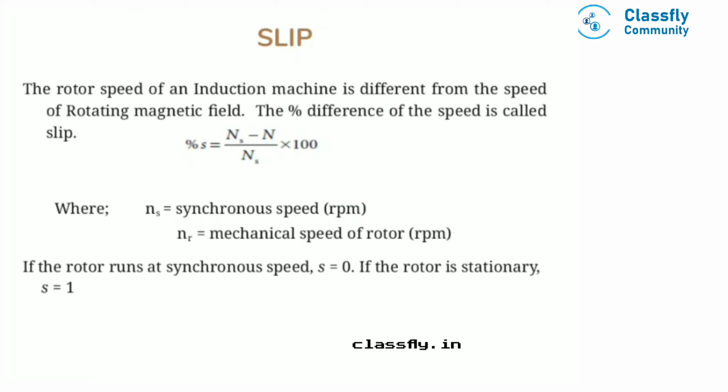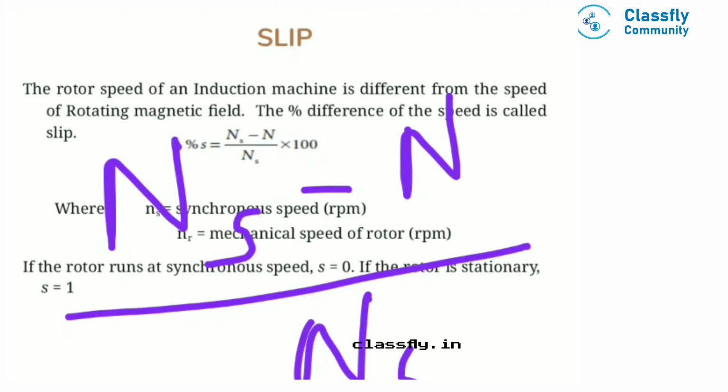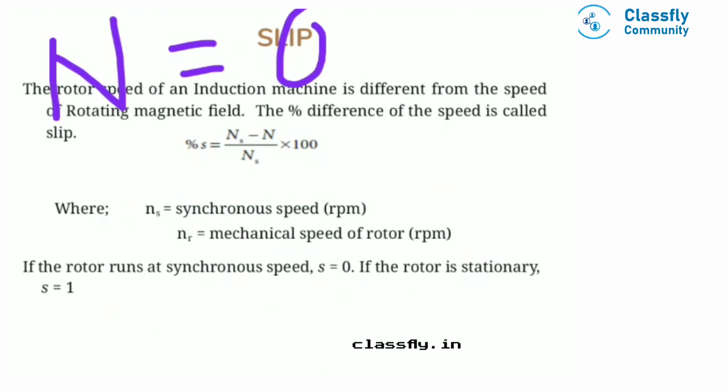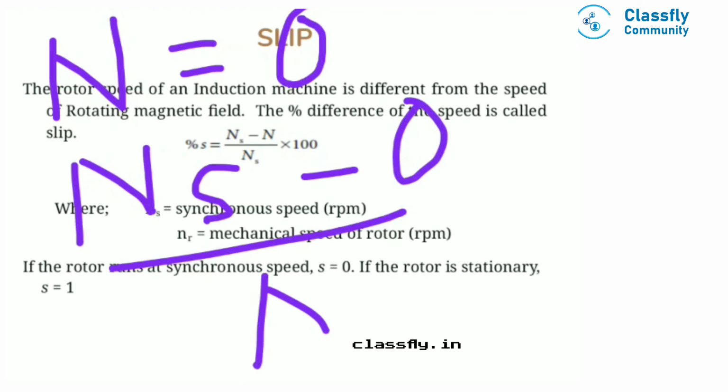See, the equation is s = (ns minus n) by ns, where n is the rotor speed. If I put n equal to 0, then what will it be? It will be (ns minus 0) by ns.